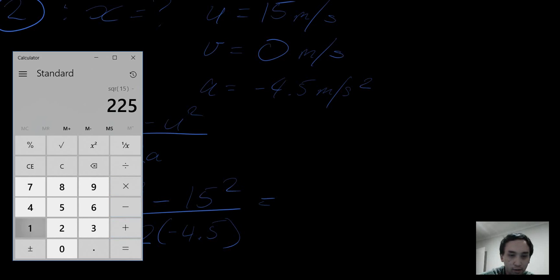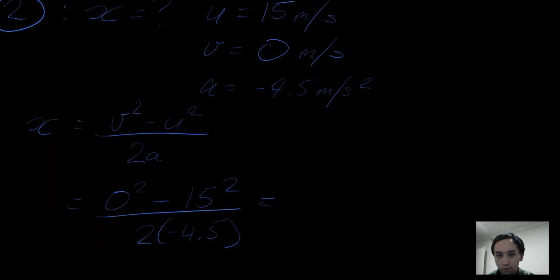Okay, then divided by 2, and divided by 4.5, and I'll just take the negative version of this answer. So in the end, it looks like we have a displacement of 25 meters, or this is our additional displacement. Okay.